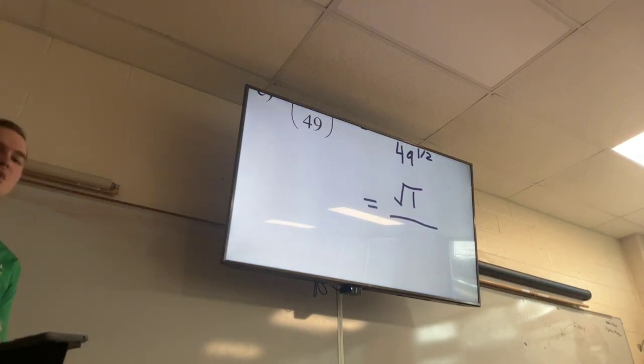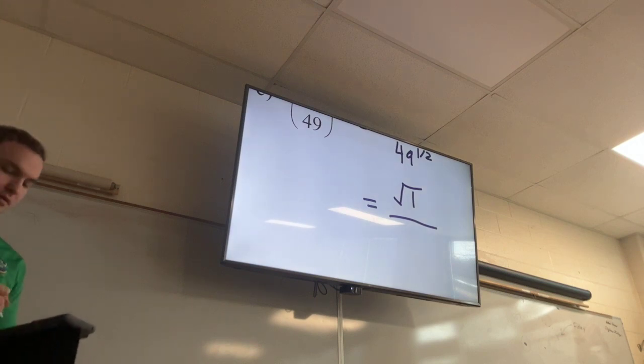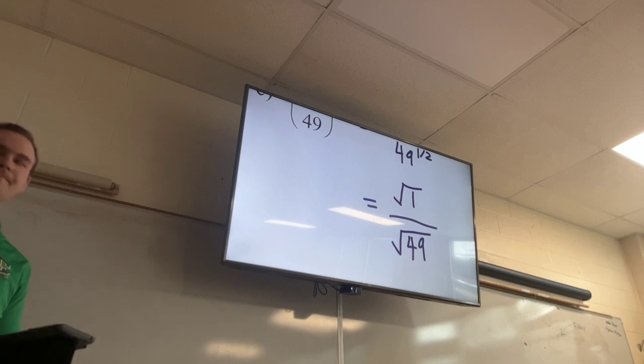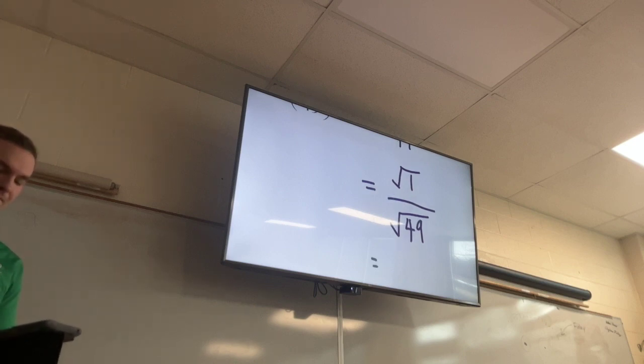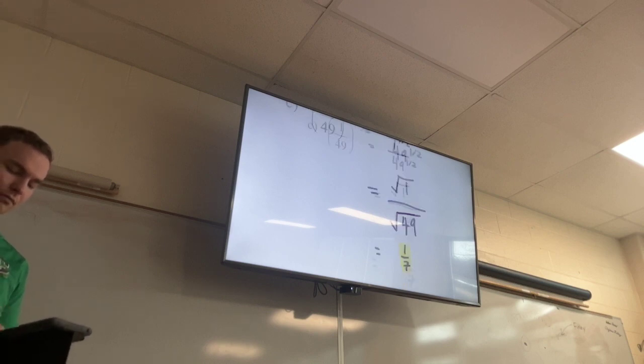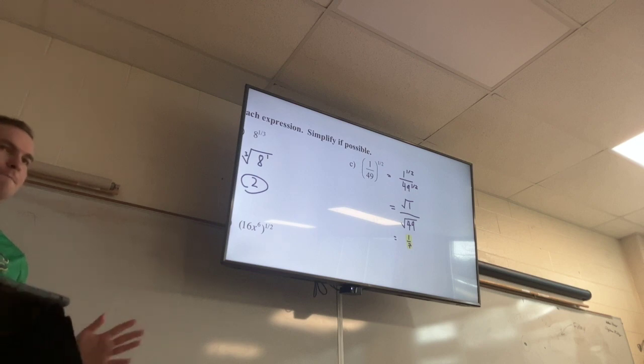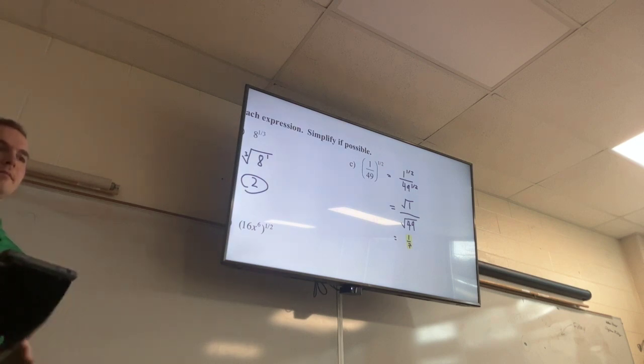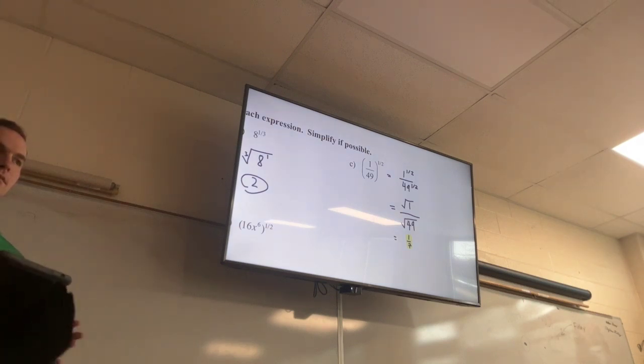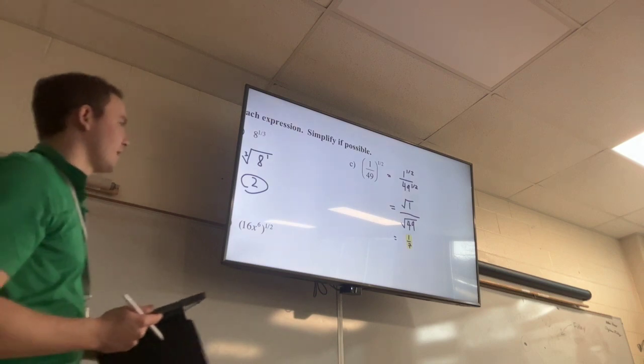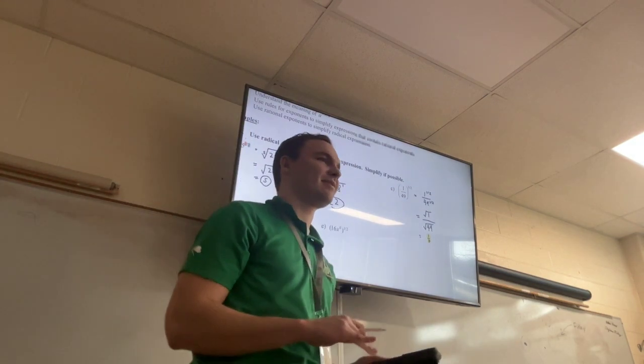The bottom becomes what? The square root of 49. So 1 over 7 is our answer. All right, any questions?